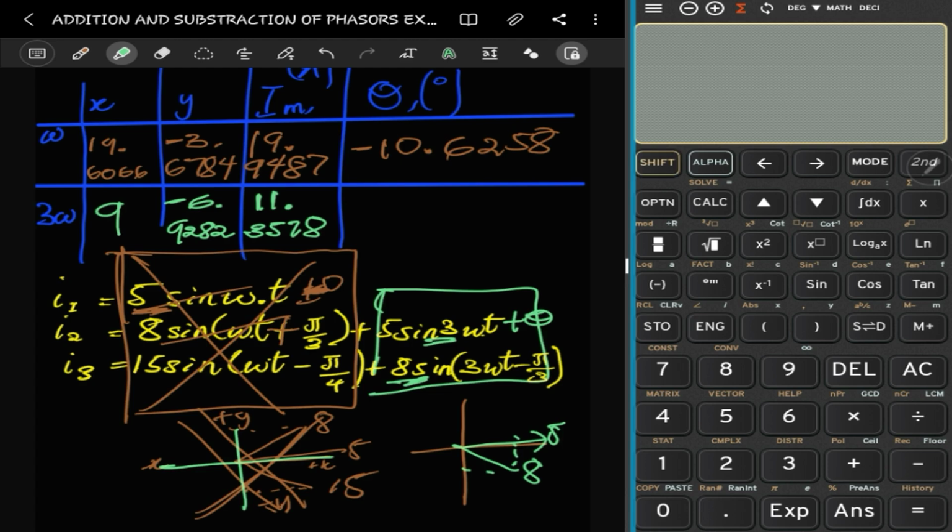That's tan inverse, right? The y component, that's minus 6, minus, very important, minus 6.9282, and then the x component is 9, and that gives us minus again.